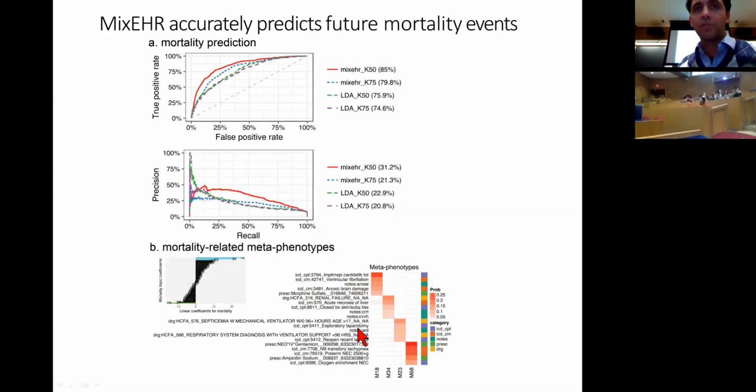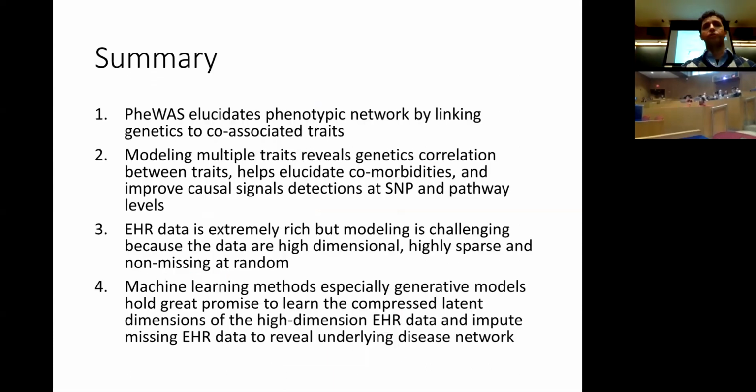Or if you're on a mechanical ventilator, it basically is a good indication that the next time around you won't be able to make it. So basically what this is telling us is that we can actually make not just classification of the current state of the patient, but also prediction of the future state of the patient.